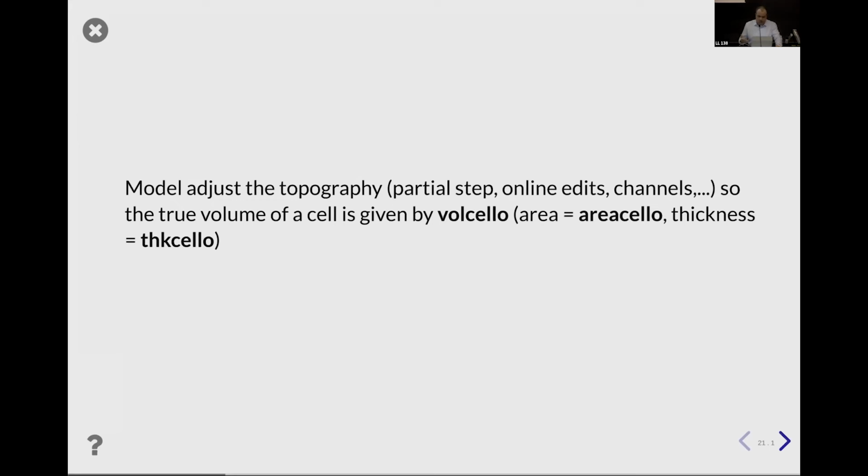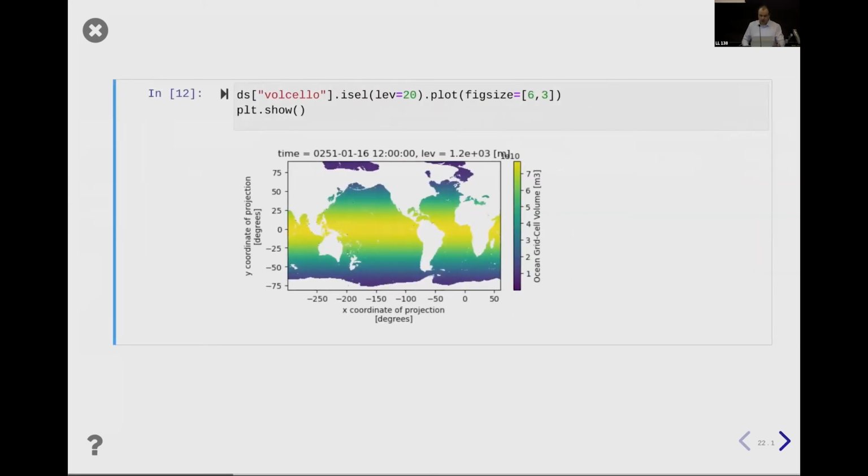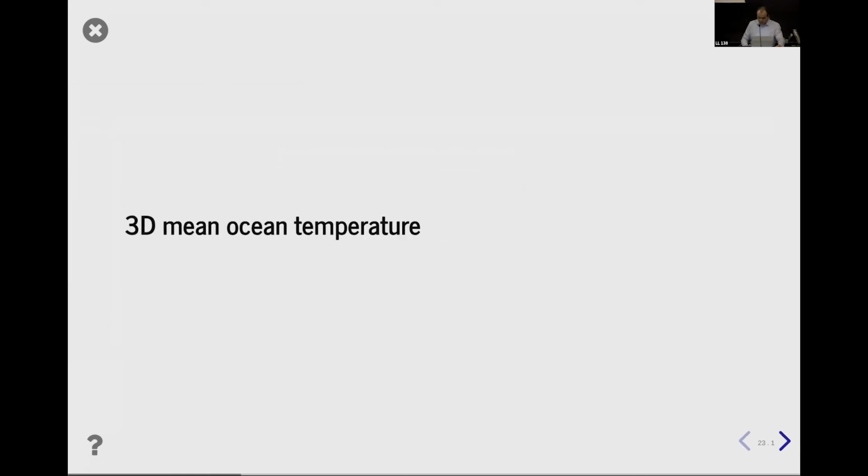For various reasons, the model is taking its topography and adjusting it in various ways. But the result of all those adjustments is going to be taken into account in vol celo, area celo, THK celo. So that's the one that you need to be using. I'm just showing a little bit what it looks like. It looks bigger at the equator. Earth is a sphere, nothing new here.